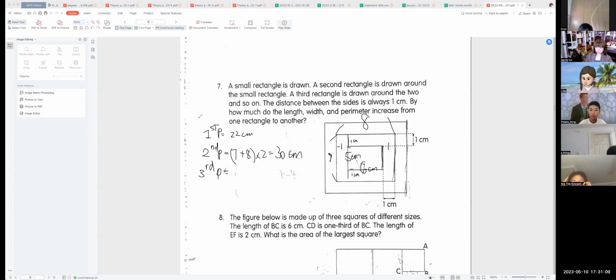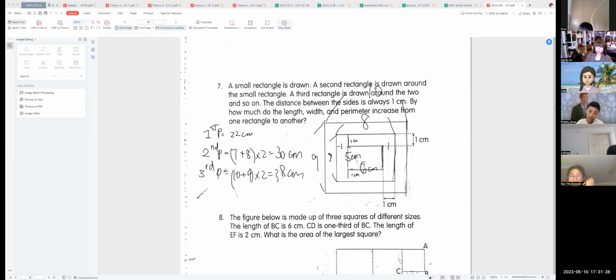Okay, so if you finished, we're going to think about the third one. So this one is what? It's 9. And this one is 10, right? So this one is 9 plus 10 times 2 equals 38 centimeters.